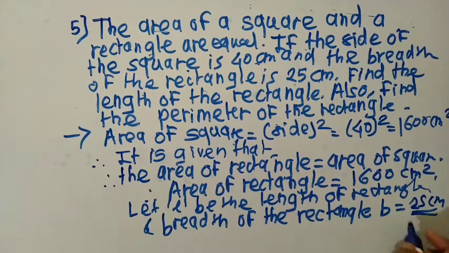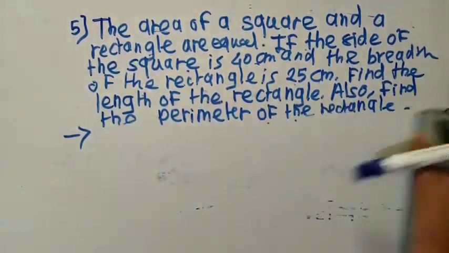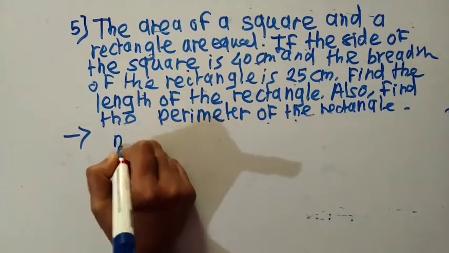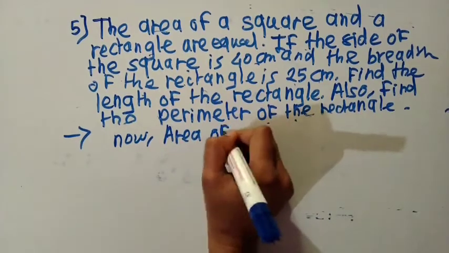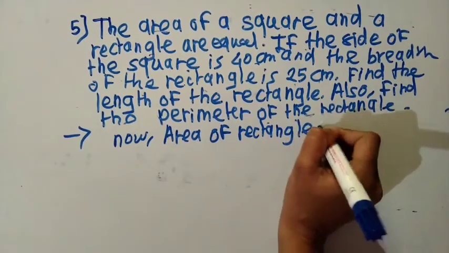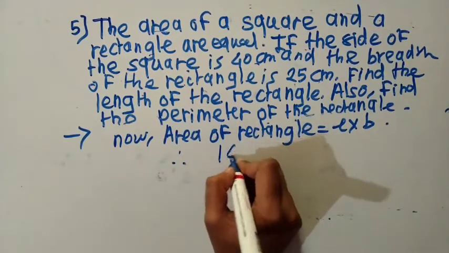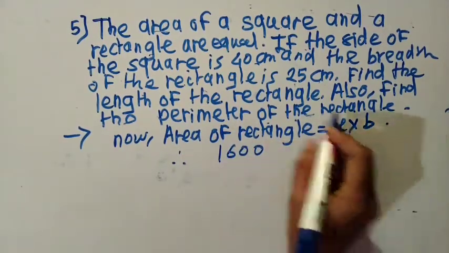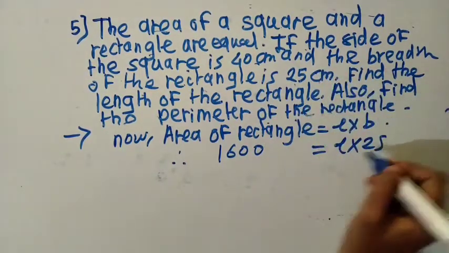Now area of rectangle is equal to length into breadth, but area of rectangle is 1600 and breadth is 25 centimeter.